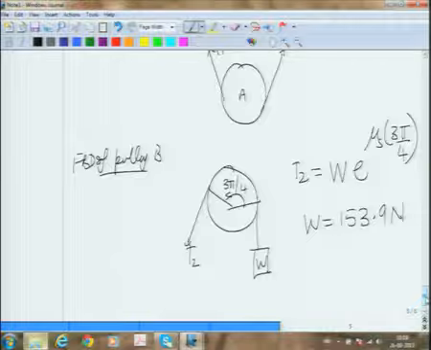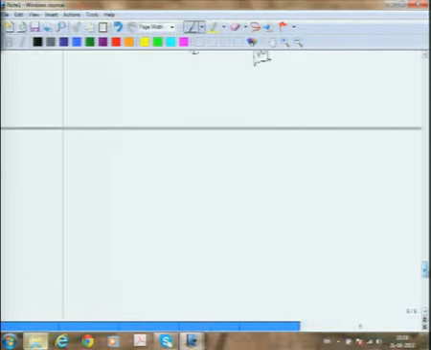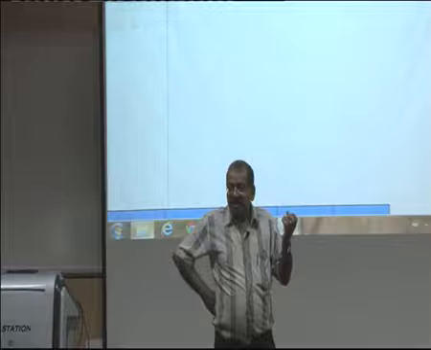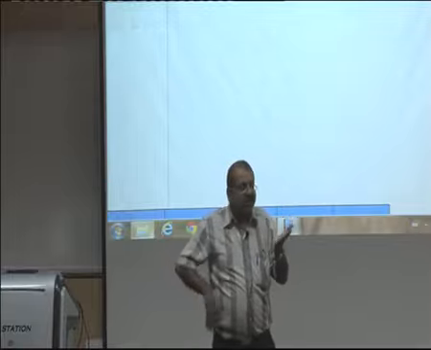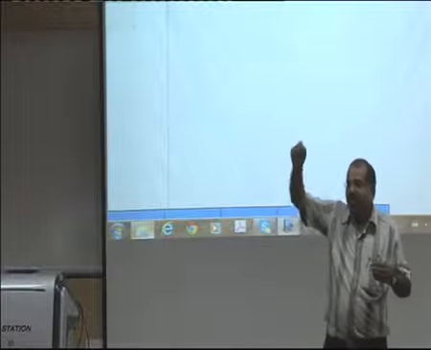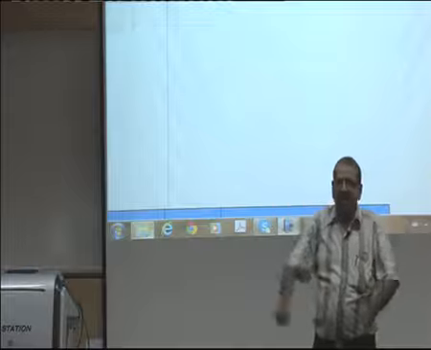Now let's try to think of another scenario. A lot of times we make assumptions, solve problems, and get ideal situations, and then we realize that something is missing in our modeling. For example, take a pendulum.